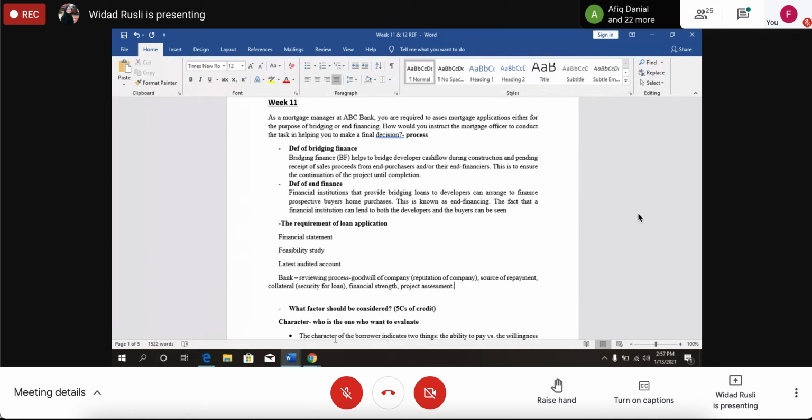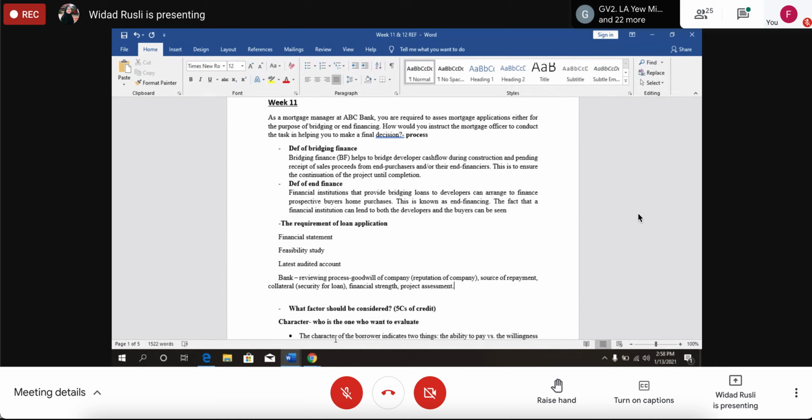Oh, yes, doctor. Okay, can you start with the 5C? What are you supposed to talk? Based on the requirement of loan application. From the requirement of the loan application, we can know which factor will affect, for example, the character.